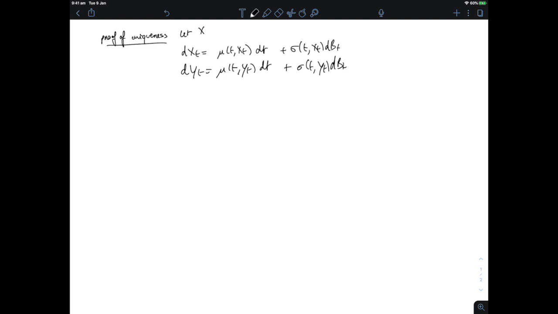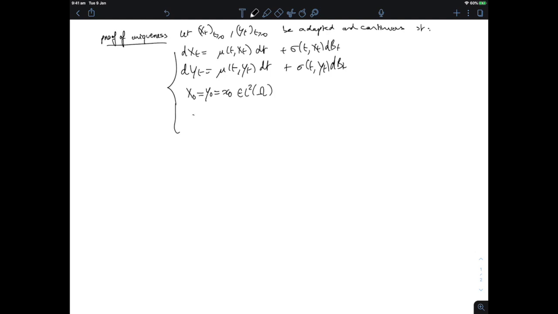And these processes are continuous processes adapted to the Brownian filtration, adapted and continuous. And they are such that the equations hold, and X0 is equal to Y0 is equal to a fixed initial data, little x0 in L2 of Omega.